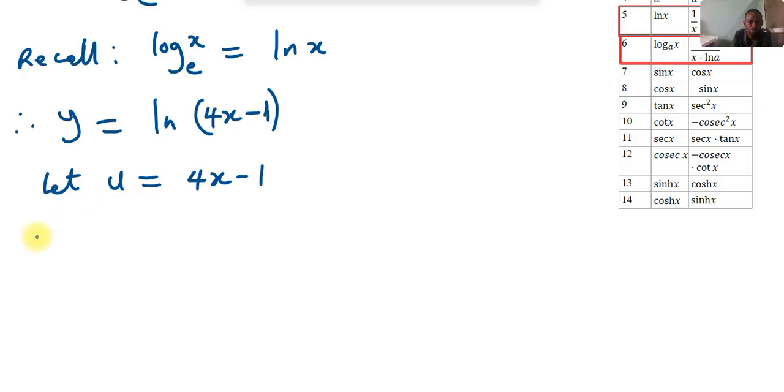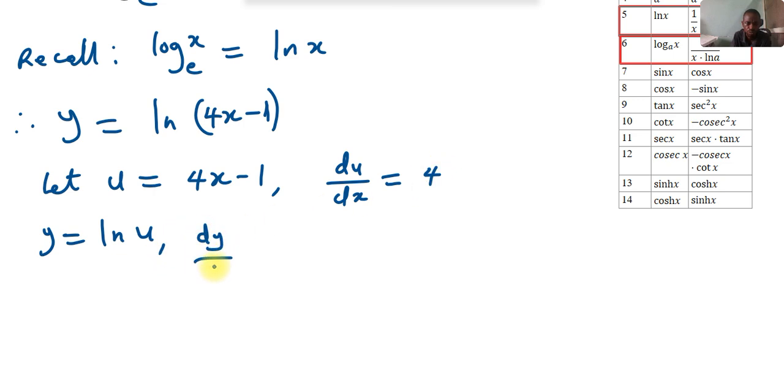That will prompt me to write my y as a function of u. Because I'm going to use the chain rule, I will take the du/dx, which in this case is 4, and I'll also take the dy/du.